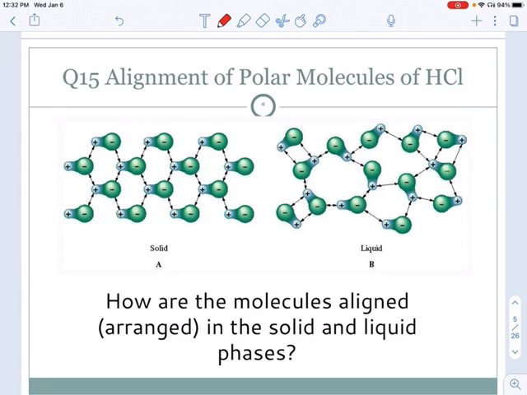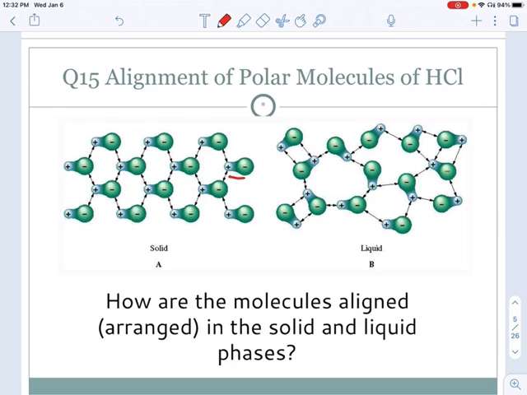Let's look at how polar molecules might be aligned in a substance. If we have a solid that consists of polar molecules, then our molecules are going to be locked in place, but the positively charged part of the molecule is going to be adjacent to the negatively charged part of the molecule. And this happens when water freezes.